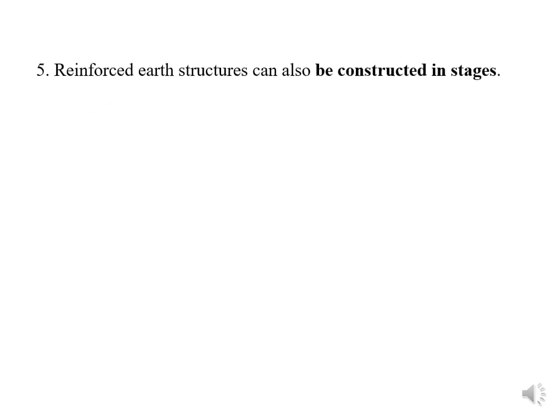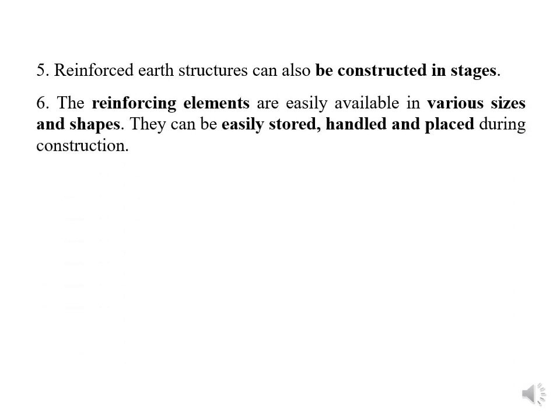The next advantage is that it can be constructed in stages. Stages means what? Once you put one layer of soil, then reinforcement, again another layer, then reinforcement. These are stages. Reinforcing elements are easily available in various sizes and shapes, and can be easily stored, handled, and placed during construction.